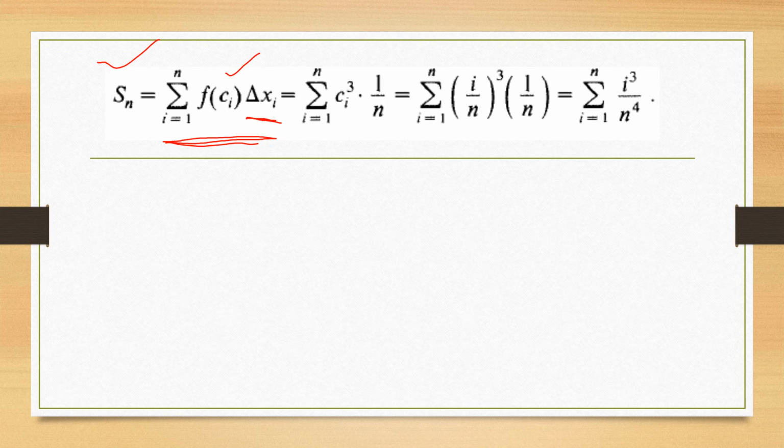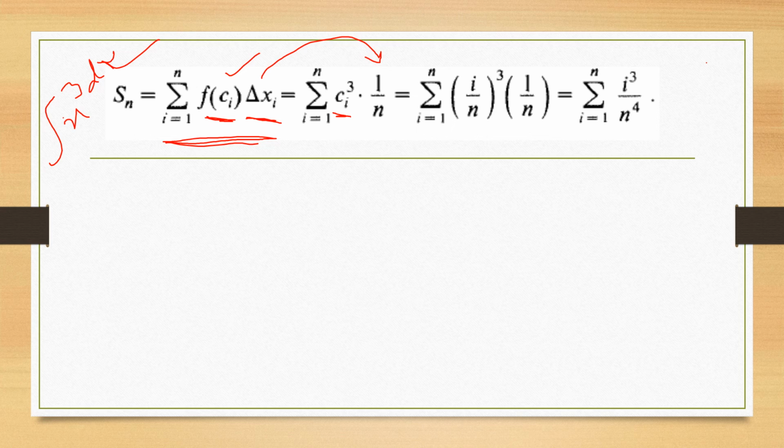Since f of x is x cube, we can write that f of Ci will be equal to Ci cube, and the width of each interval is 1 by n.